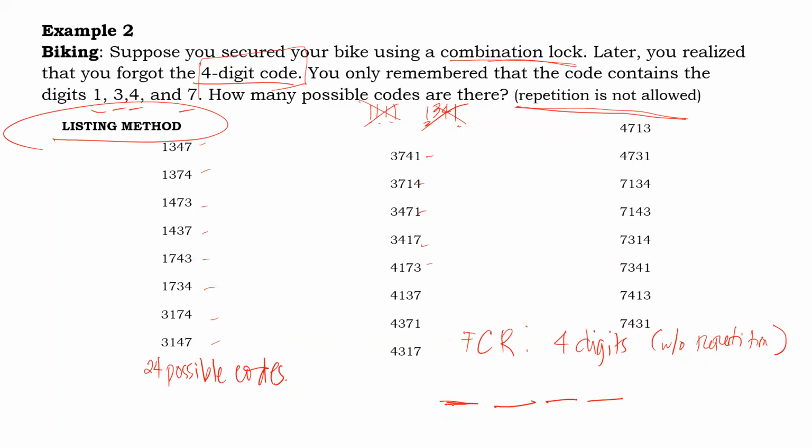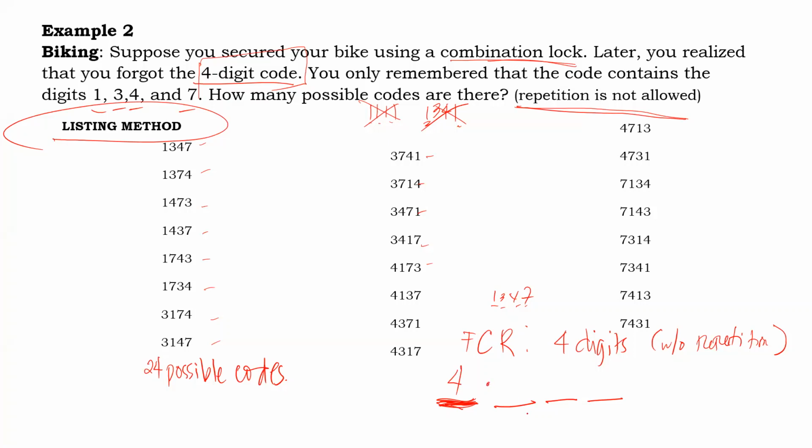You will use 1, 3, 4, 7. For the first digit, which of these numbers can you use? Can you use 1? 3? 4? 7? All of them are allowed in the first digit. So, you have 4 choices.